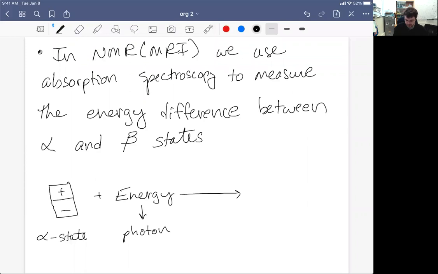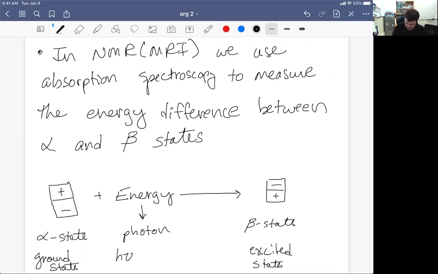And we're going to flip that alpha state to a beta state. Flip that to a high energy system. Okay. So the alpha state is our ground state. The beta state is our excited state. And our energy comes from a photon.